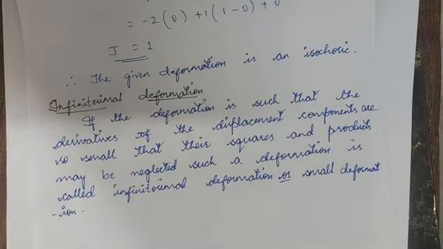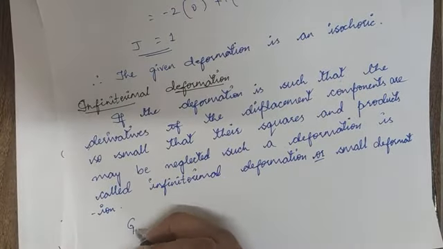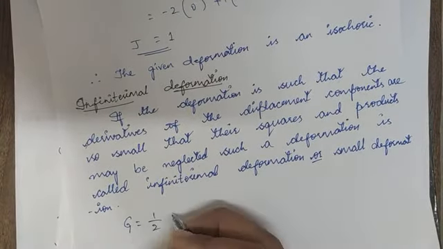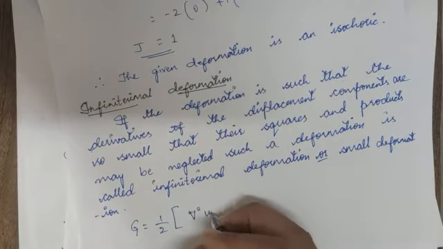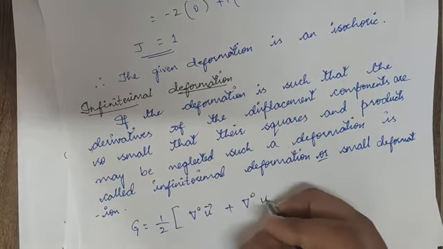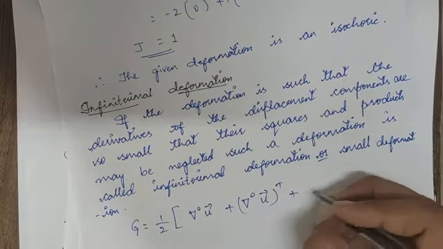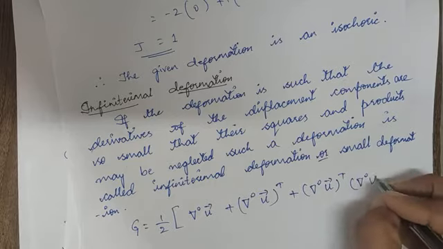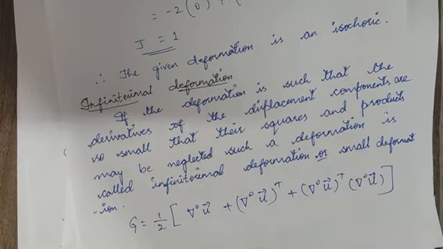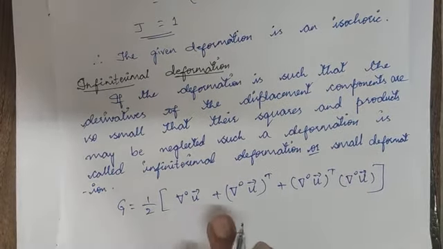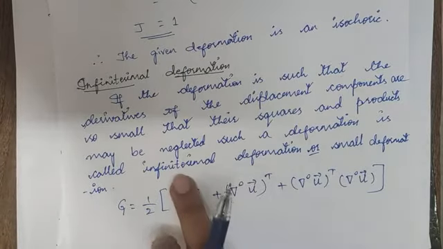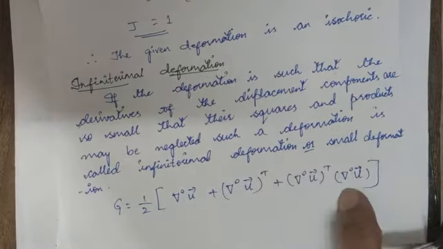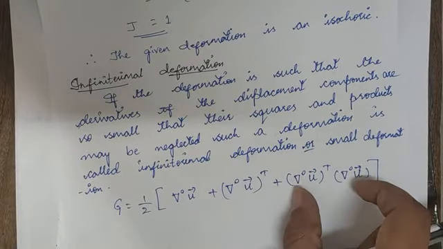Okay. Now I will consider one of your expressions, that is G is equal to half into del naught u plus del naught u whole transpose plus del naught u whole transpose into del naught u. If I say, you will get this expression for an infinitesimal deformation, that means the product of these two terms you have to neglect.